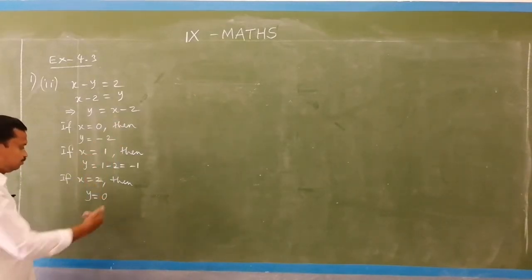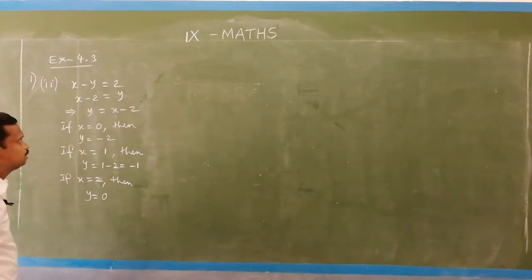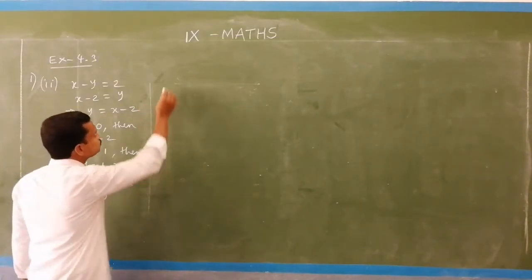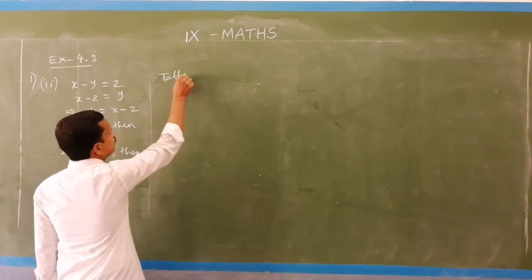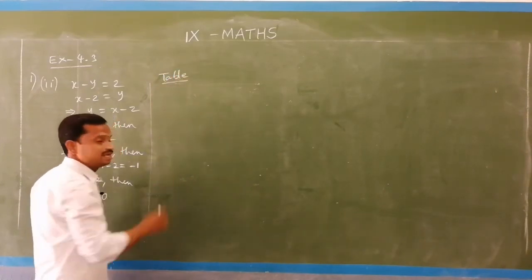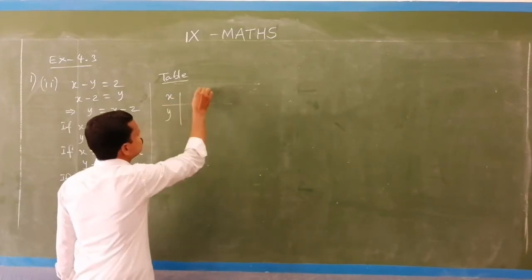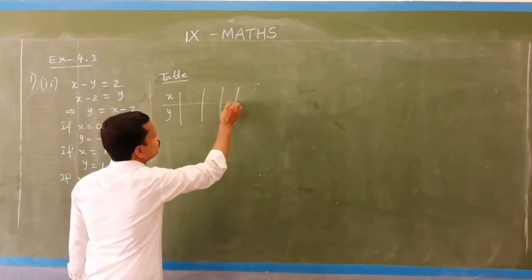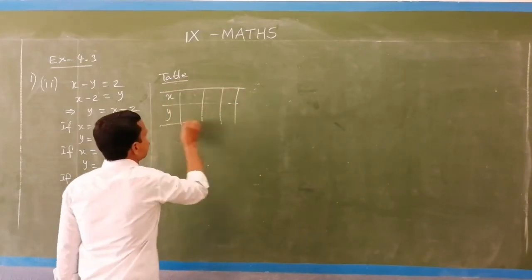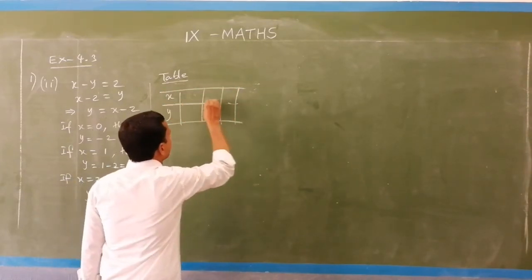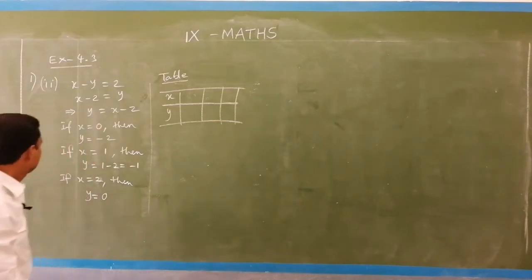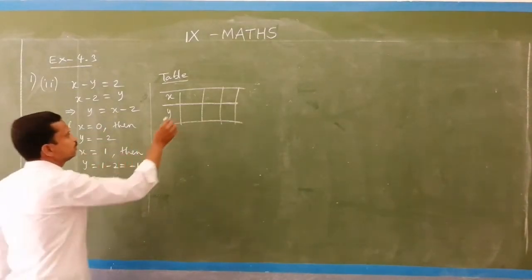So, 3 values we have found, and you simply write the table. This is also in the graph sheet writing page. Okay. X, y. Just draw like this. First x 0 means y becomes minus 2.